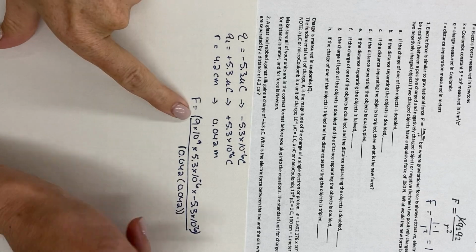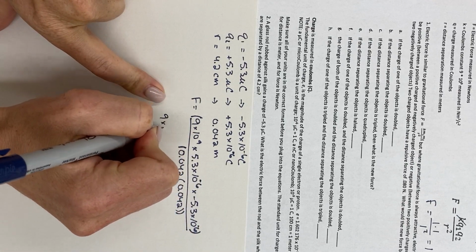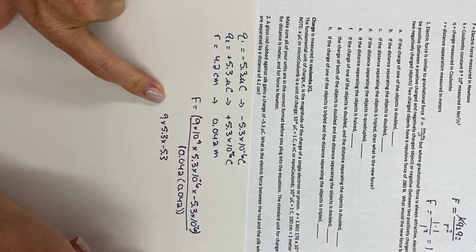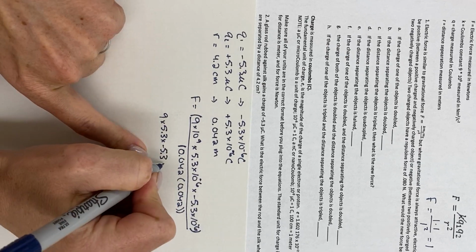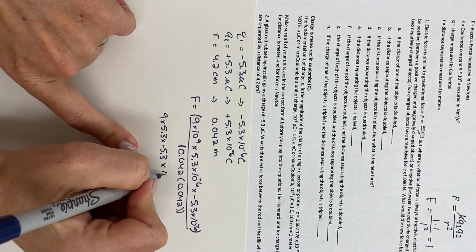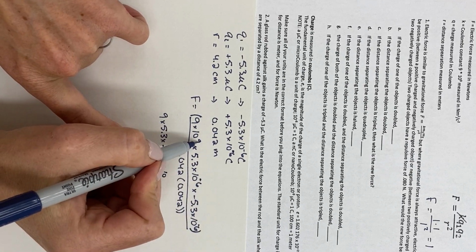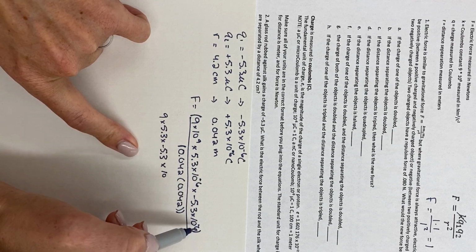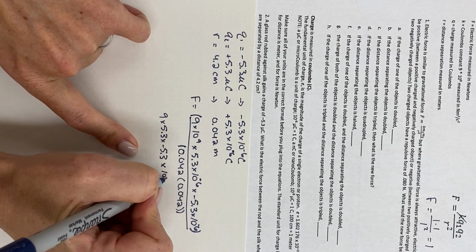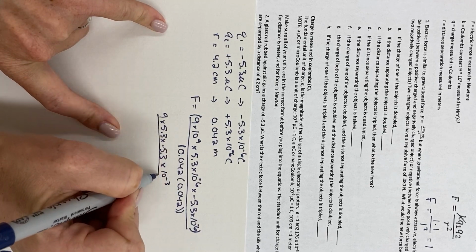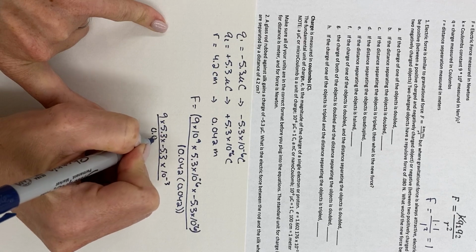But frankly, I would do 9 times 5.3 times negative 5.3 separately, and then I would take care of my scientific notation. So times 10 to the 9, 9 plus negative 6 is 3, plus negative 6 is negative 3, and then I would multiply these two.